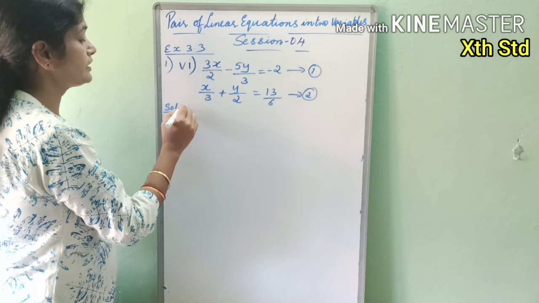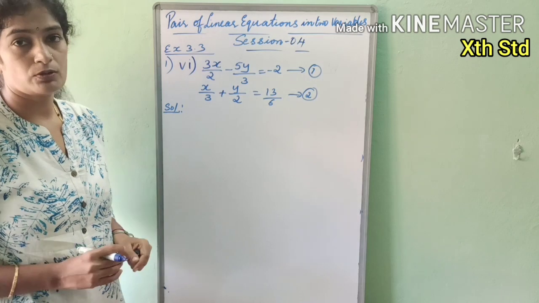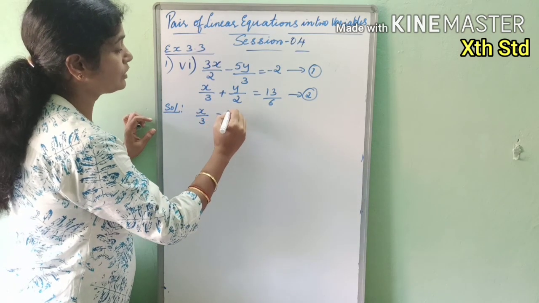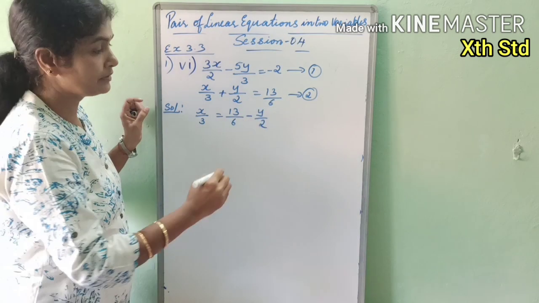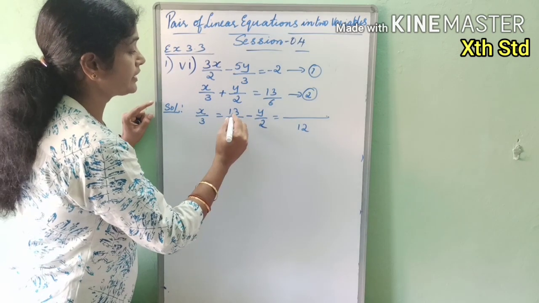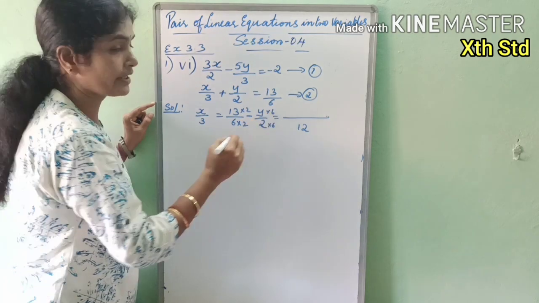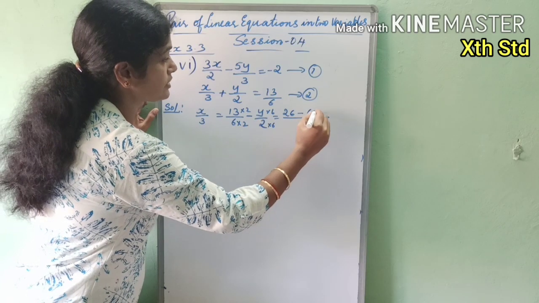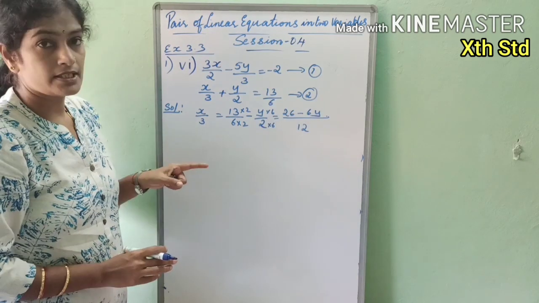Okay. So let's consider equation 2 and try to express x in terms of y. So x by 3 is equal to 13 by 6 minus y by 2. Fine. If you take the LCM, this is 12 here, right? Then this is into 2, into 2, this is 6 into 6. So x by 3 is equal to (26 minus 6y) by 12.